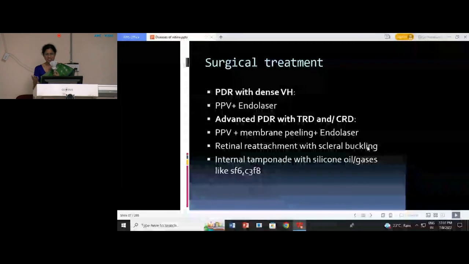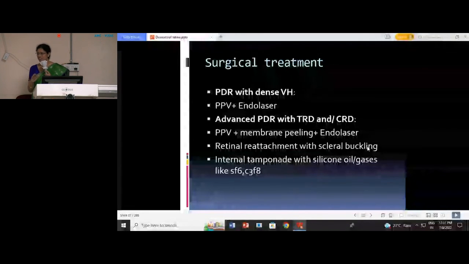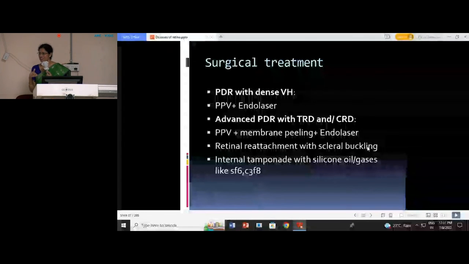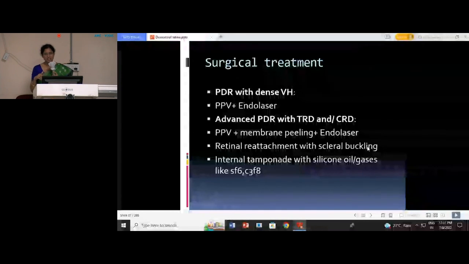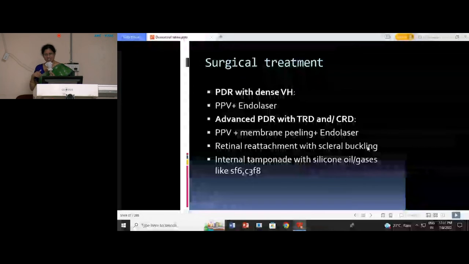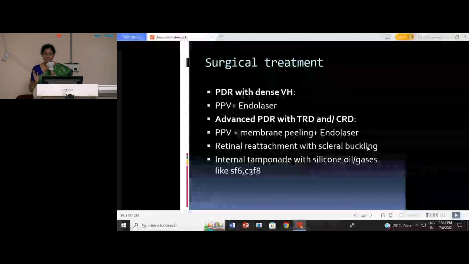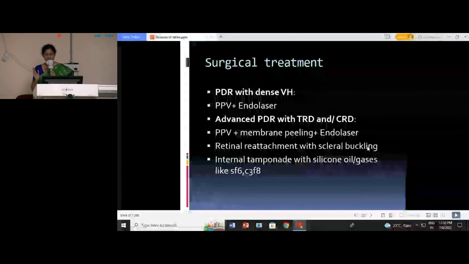Internal tamponade means we push the retina towards the retinal pigment epithelium, and that is done with the help of silicone oil or gases like SF6 or C3F8. External tamponade means we push the sclera towards the retina, and that is done with the help of scleral buckling.